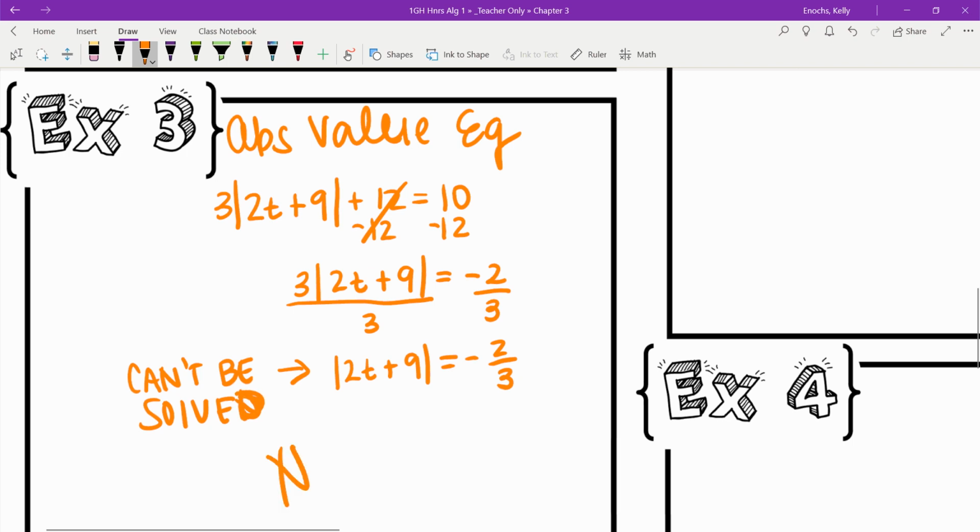Sorry. No solution. So anytime you have your absolute value equal to a negative number or greater than a negative number or less than a negative number, when it's all the way solved for your absolute value bars, then you have no solution. Make sure you get rid of all of that extra stuff first before you decide it's no solution, though. Those can be misleading.